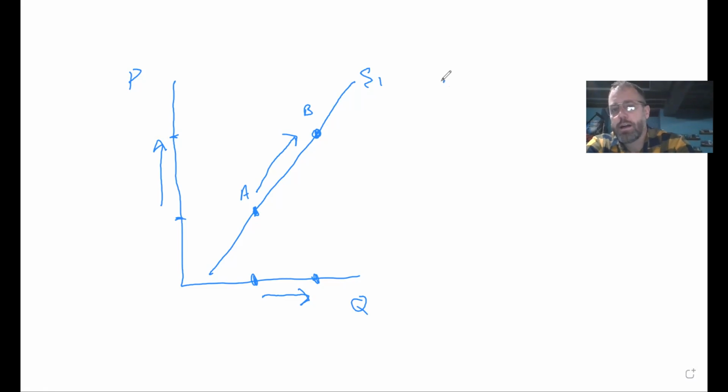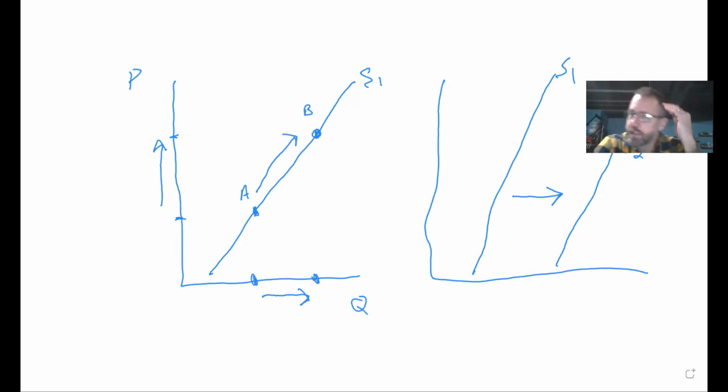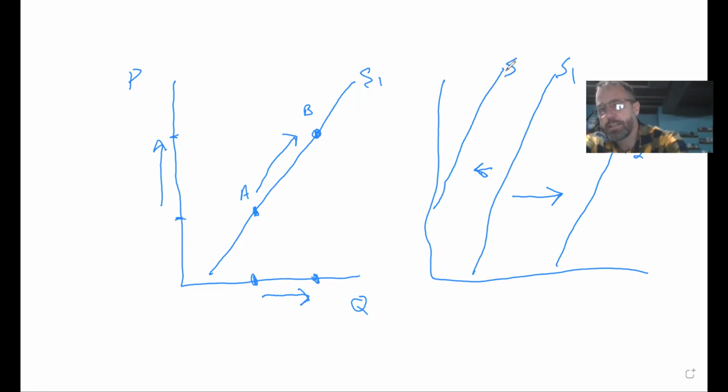And then our other option is when the entire supply curve shifts, okay? So now our entire supply curve is shifting. And this is not caused by price, because regardless of price, overall supply is either increasing with a shift to the right, this is looking really sloppy, guys, I apologize, or decreasing by shifting to the left, all right?